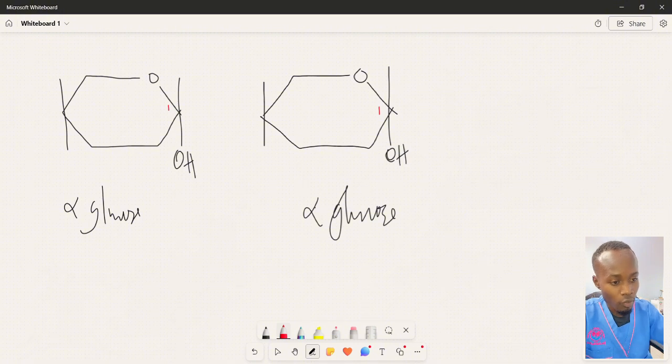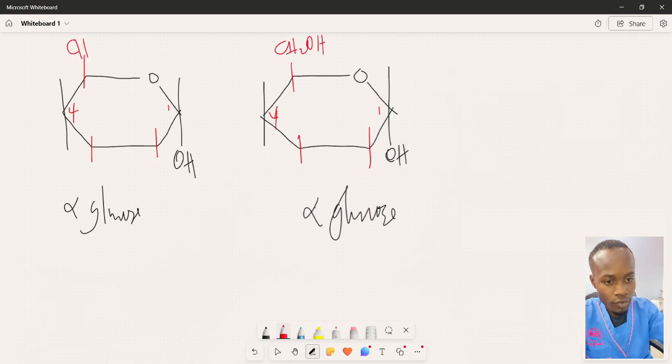Don't confuse. This one is carbon number 1, and this side is carbon number 4. So let's replace them here. This one is CH2OH, don't forget that one. This one is also CH2OH.